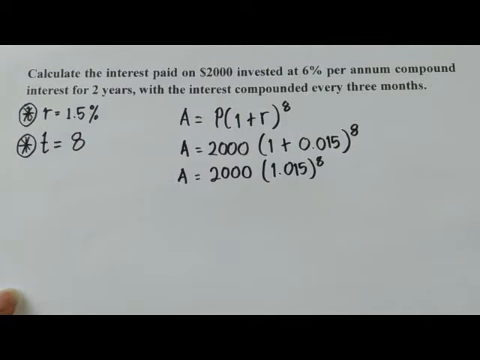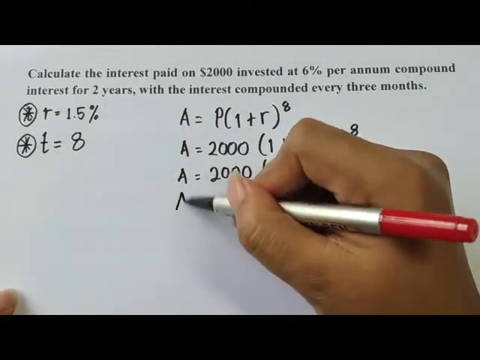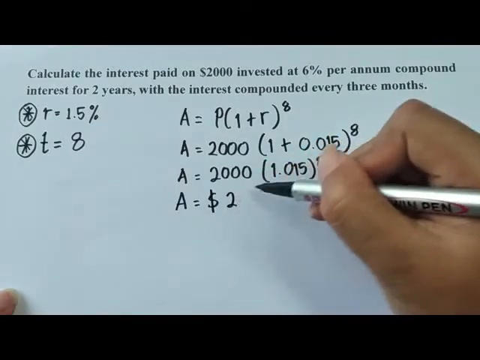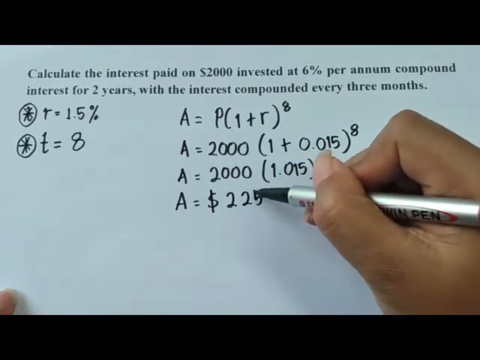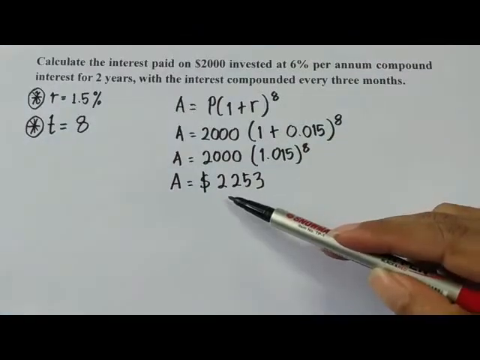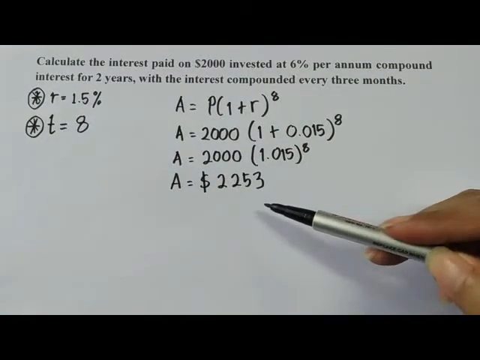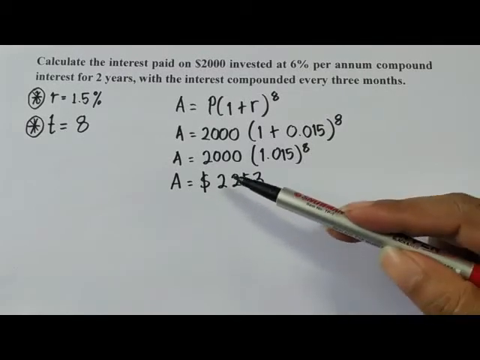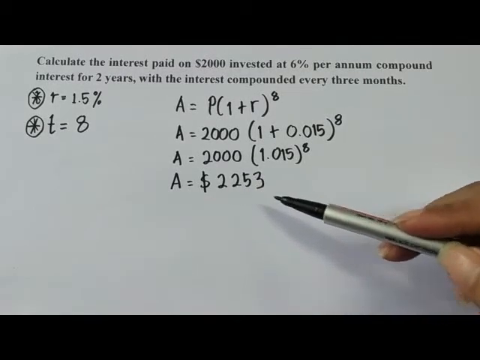With your calculator, you are going to find A equal to $2,253. This is the total money that we will get back. This is the amount of money plus interest.